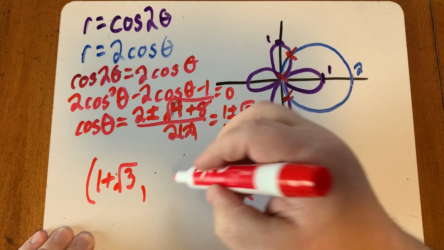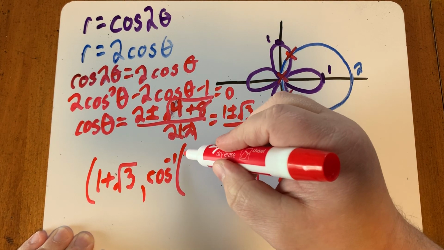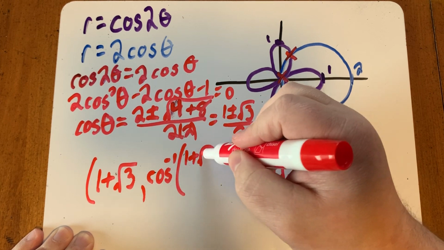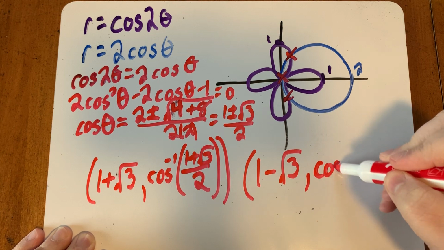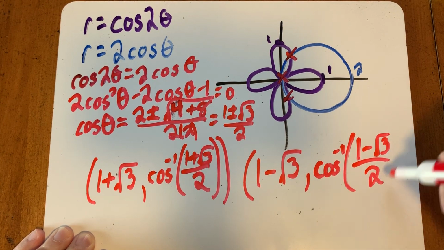And the angle for this one would be cosine inverse of 1 plus root 3 over 2, and this one cosine inverse of 1 minus root 3 over 2.